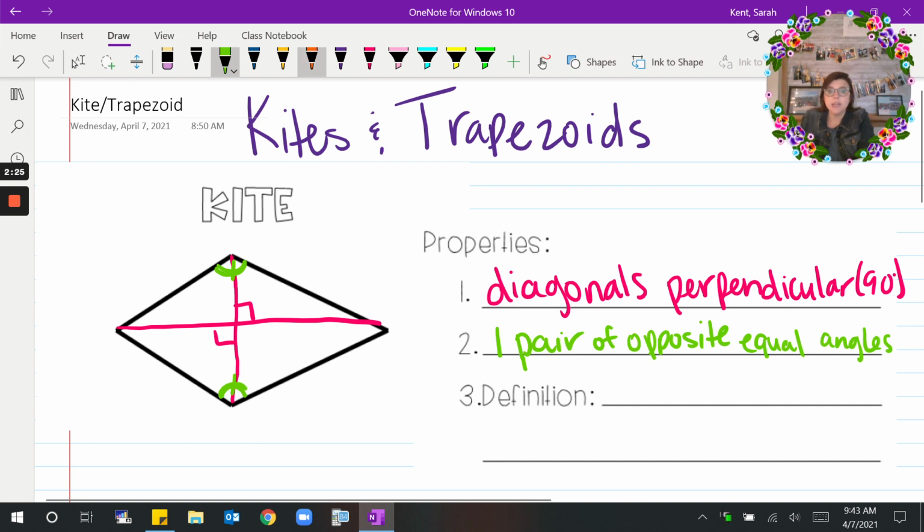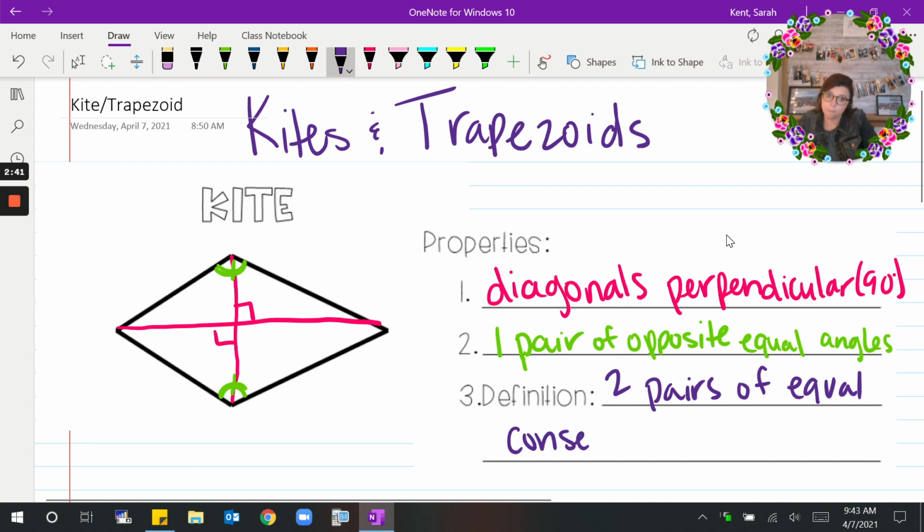And then our definition, our last piece, is that it will have 2 pairs of equal consecutive sides. So consecutive means they're touching, they're next to each other.